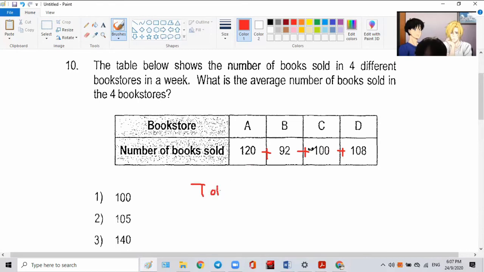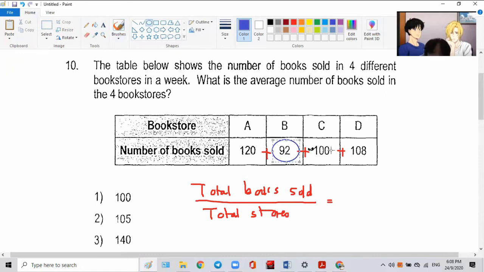So the total books sold divided by the total number of stores, okay? So what to do?